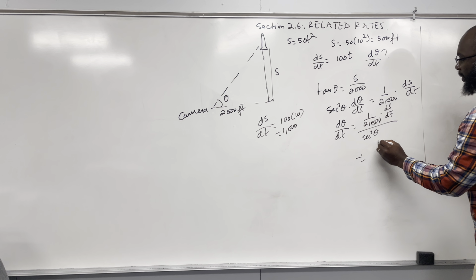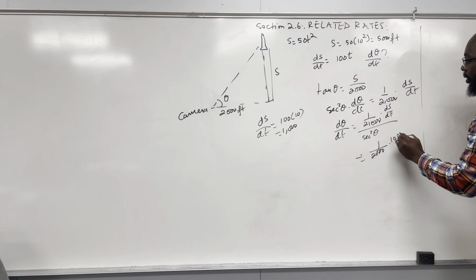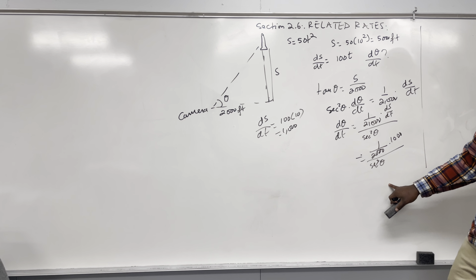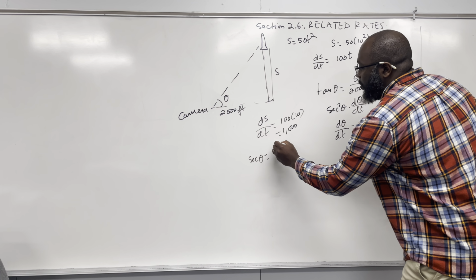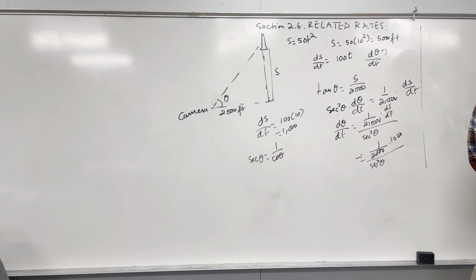So go back here, this is 1 over 2,000 times 1,000 over secant squared of theta. Now we need to find secant squared of theta. I know that secant theta is 1 over cosine of theta. That's just by definition.